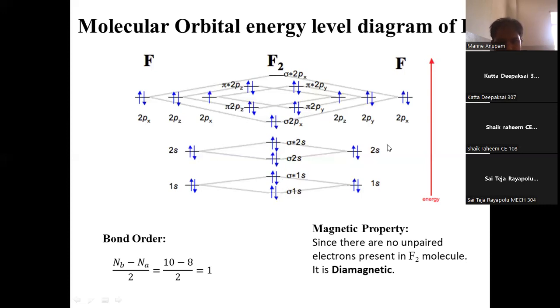Now 2s and 2s, total 4 electrons, sigma 2s and sigma star 2s. Sigma 2s has 2 electrons filled up and sigma star 2s has another 2 electrons.